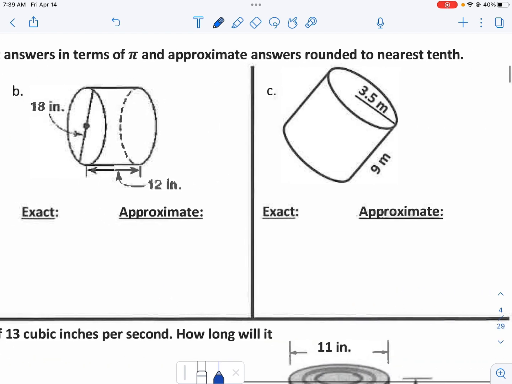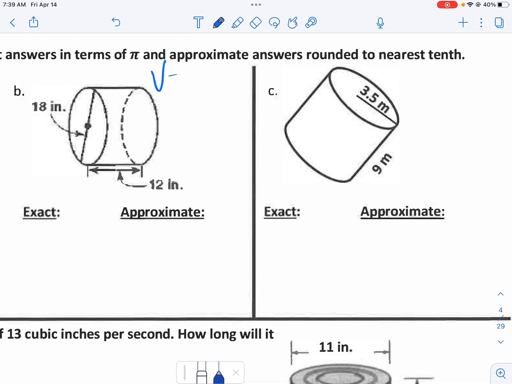Okay, this next one. My volume is going to equal, well, this is my diameter, but I don't want my diameter. I want the radius, so that's going to be 9 inches. So pi 9 squared times 12. That's going to be 81 times 12 pi, and no, I don't know that off the top of my head.